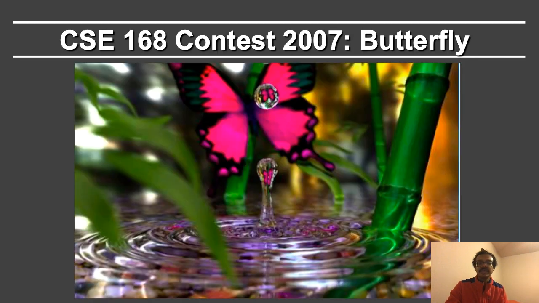In CSE 168, for many years, there was the idea of a rendering competition. Can you model and render a physical scene? Can you develop the rendering technology required to do that?